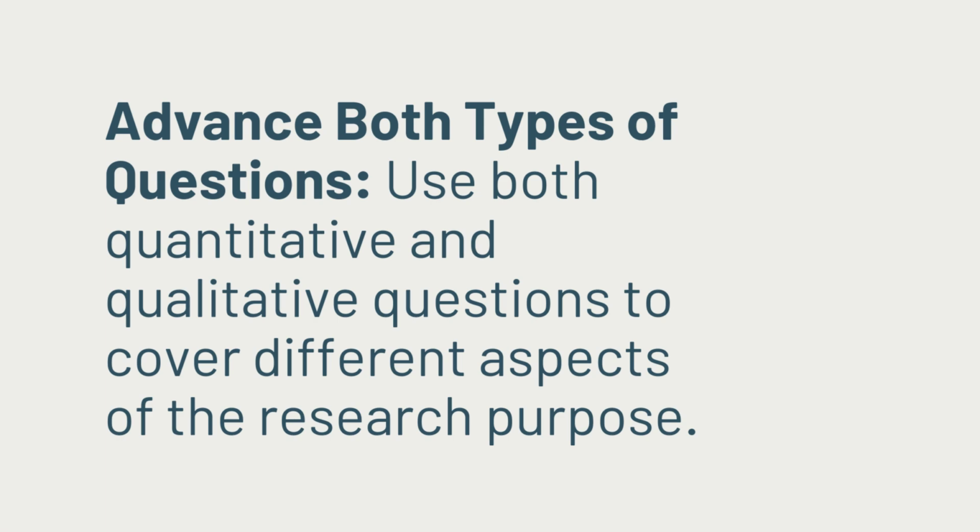So, using both types of questions ensures that we're not only looking at statistical trends, but also understanding the personal factors that might drive those trends. And this also helps us capture a fuller picture of the topic. So, this approach helps bridge the gap between general trends and the lived experiences behind them.